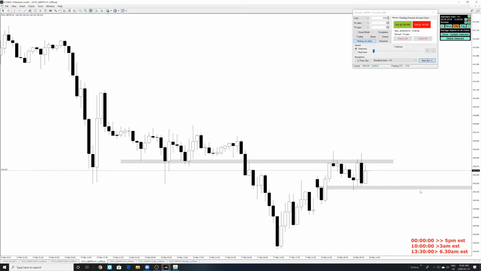If we make this a little bit clearer, if price breaks above this resistance, price can continue up towards this area right over here, which is around 22, 24 pips away. I think we can all agree on that, right? This is the area where price may head off to.